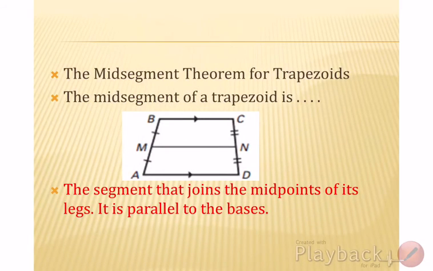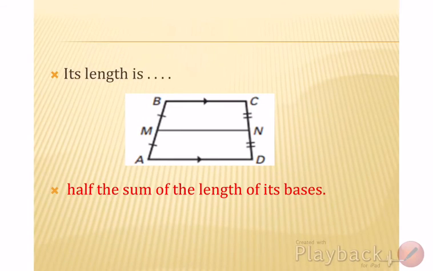Moving on. The mid-segment theorem for trapezoids. Yep, there's a mid-segment. It is the segment that joins the midpoints of its legs. It is parallel to the bases. Its length is half the sum of the length of the bases.